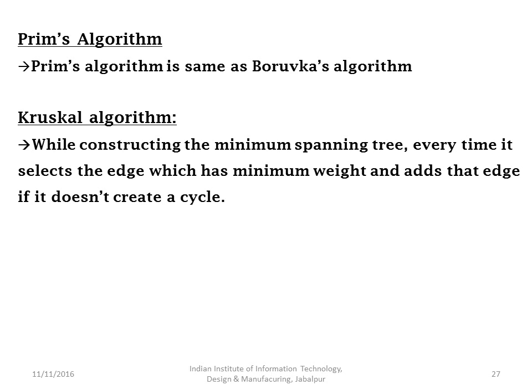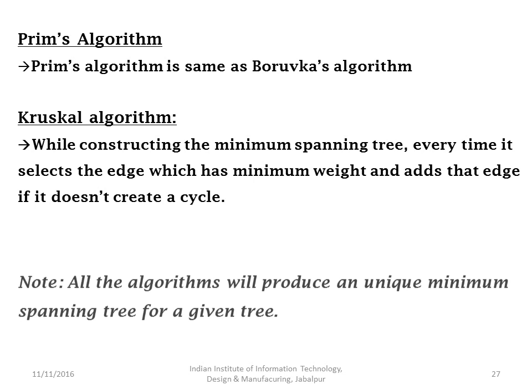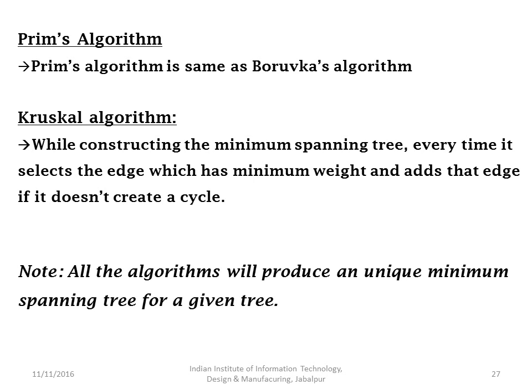So in Kruskal algorithm, we are selecting the edges that are having the minimum weight, and we are just checking for the condition whether that particular edge creates a cycle or not. And it has been found that all the algorithms will produce an unique minimum spanning tree.